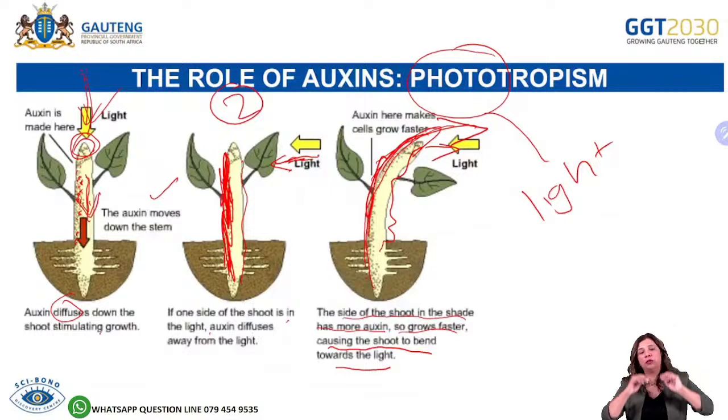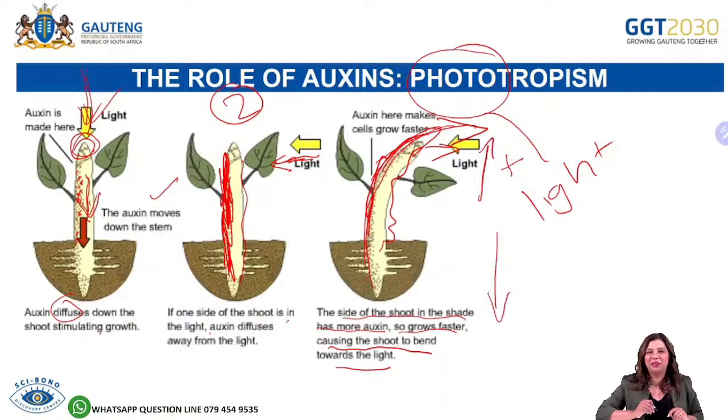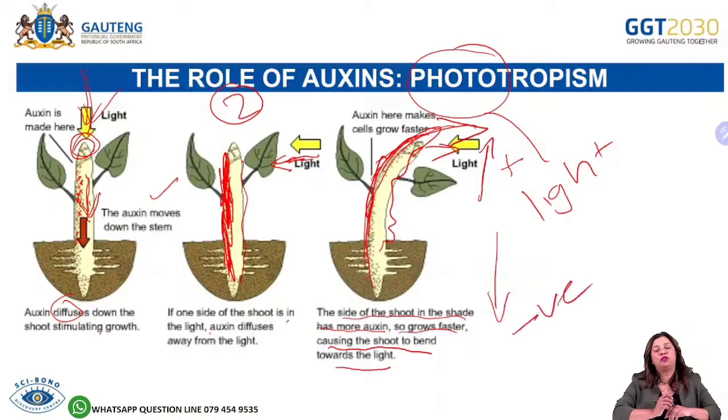The stem is growing upwards, so that's positive phototropism. Where's the root? The root is not going upward, it is going downward. The root doesn't need to grow towards the light. The root is not interested in the light. The root is interested in water and mineral sources. That's what it wants, so it will be negatively phototropic.